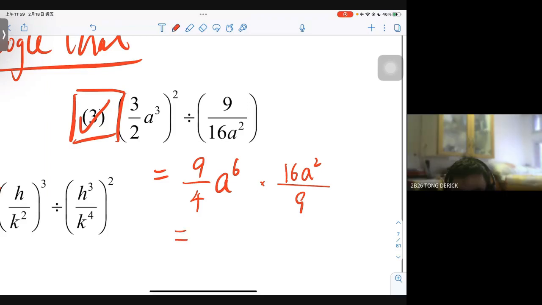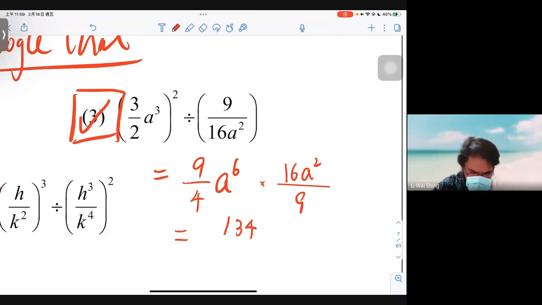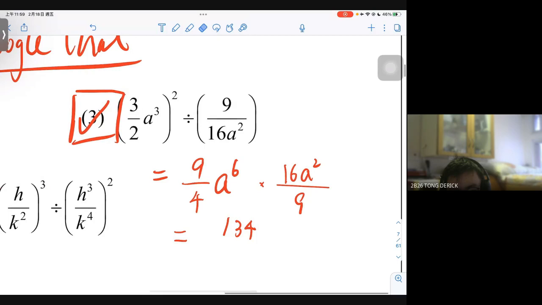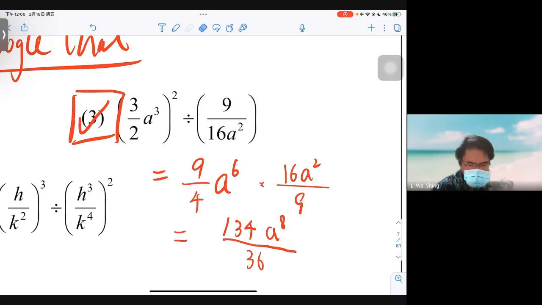And then 144a to the power 8, over 36. Could you help me to calculate once again 9 times 16?